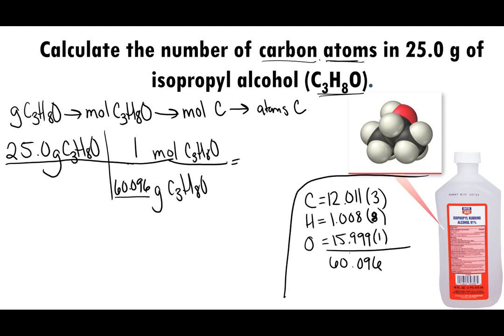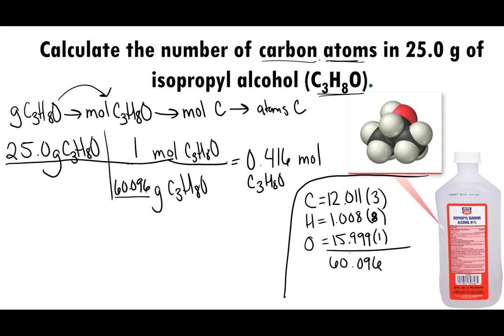All right, multiply across the top, divide by the bottom. So 25 times 1 divided by 60.096, and I get 0.416 moles of isopropyl alcohol. Okay, so that was step 1.